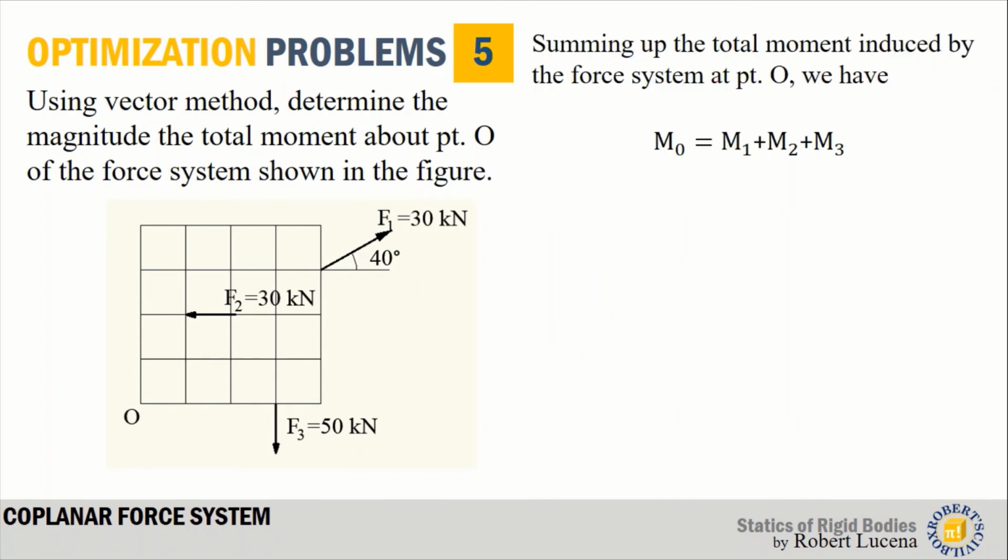Now, adding up the magnitudes of M1, M2, and M3 yields the magnitude of the total moment caused by the force system about point O. Adding up the magnitudes, we have 8.1905 plus 60 minus 150. Therefore, the total moment induced by the general force system about point O is negative 81.8095 kilonewton meter.